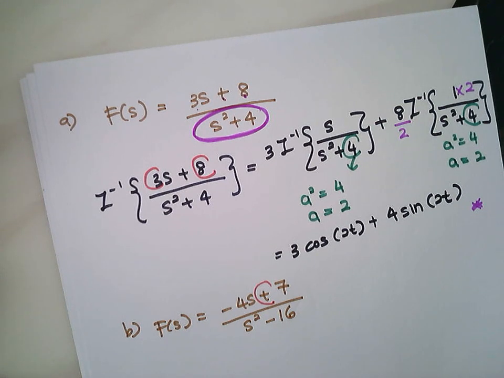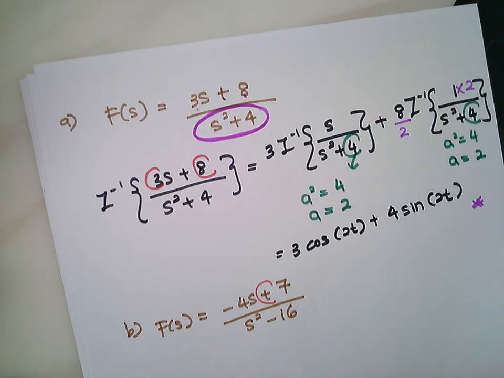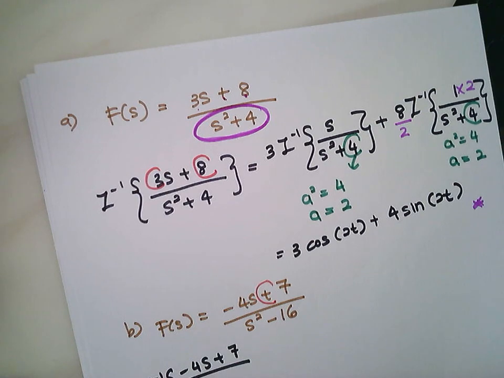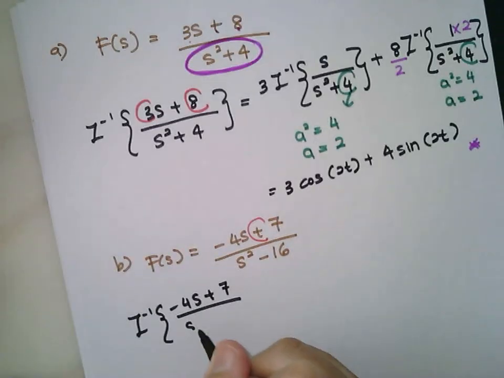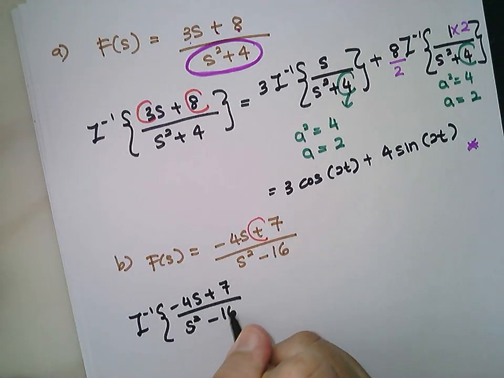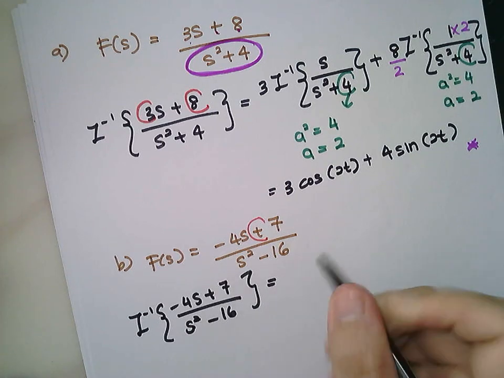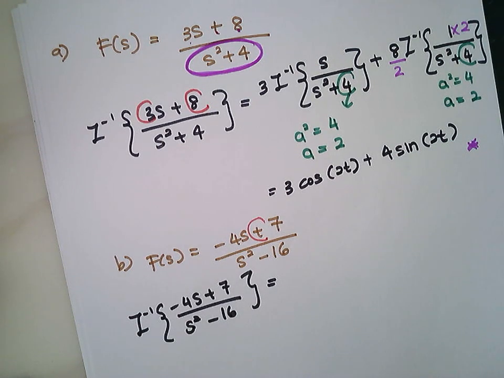So the inverse of this function will be the Laplace inverse of negative 4s plus 7 over s squared minus 16, which equals, so what is your constant? Your constant is negative 4 and also 7.